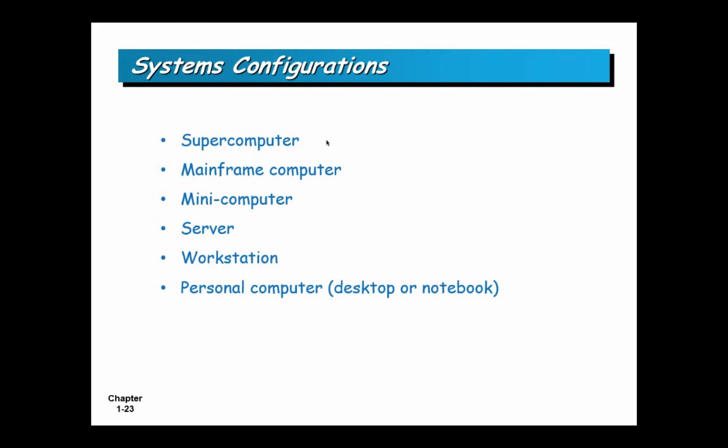But the largest computers are supercomputers, Cray computers. These do multiprocessing. Think about the NSA looking at every bit of data that's passing through the ether. They're using supercomputers to look for trends and look for problems.